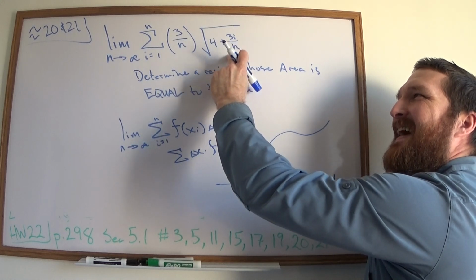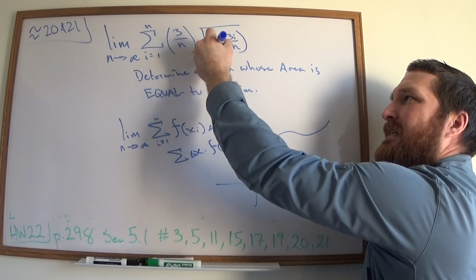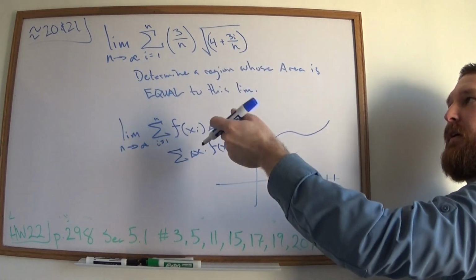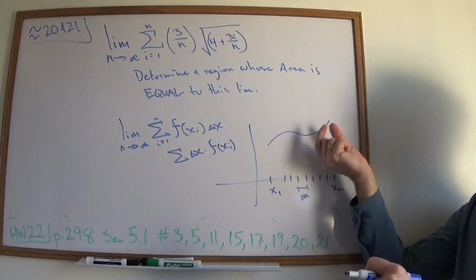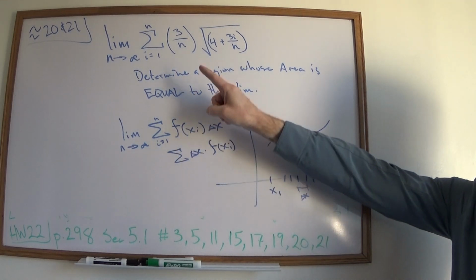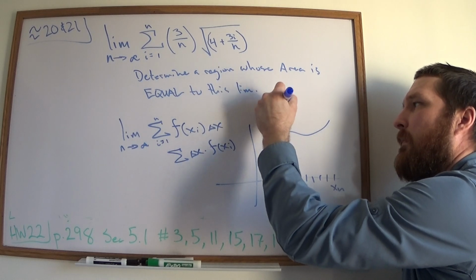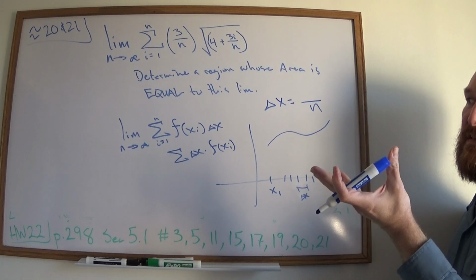He looks like an xi, doesn't he? Because he changes as i gets bigger. He starts somewhere, and every time i gets one bigger, he's stepping over by some amount. Looks like it's 3 over n. And it also looks like my delta x should have the form of something over n in this case.